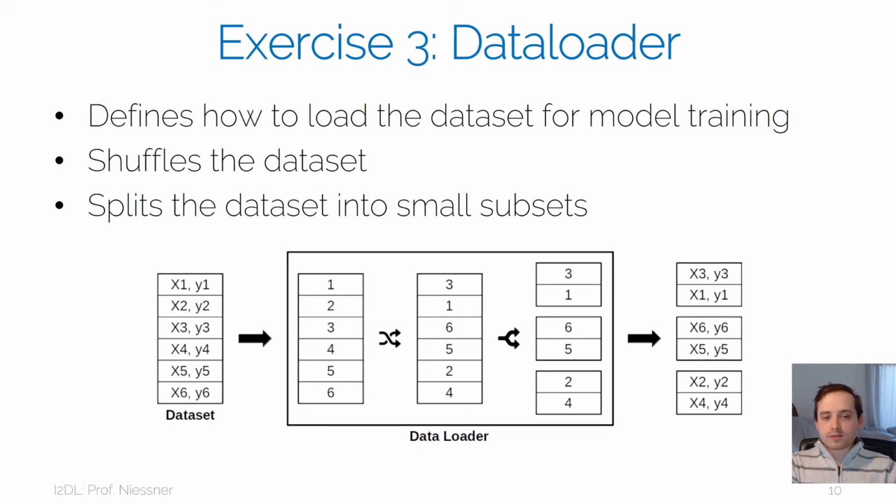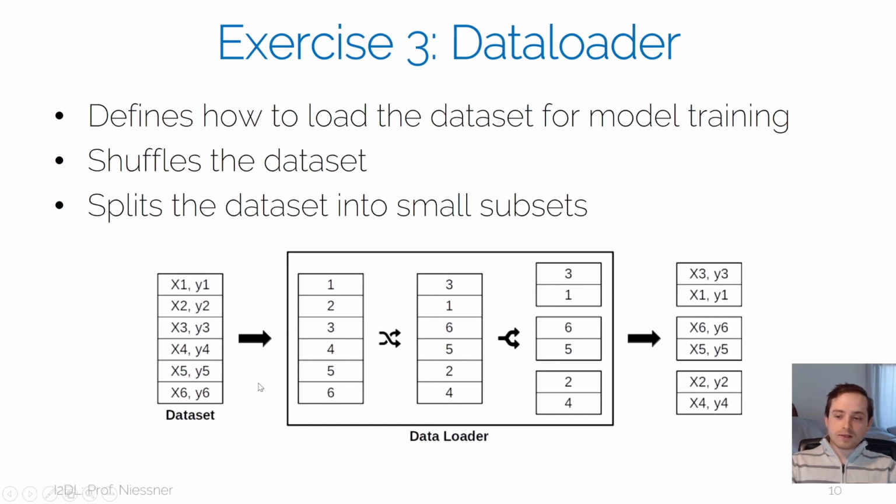You don't always traverse your data set in the order that it's stored in, because you want to add stochasticity. And sometimes you cannot look at all the data set at once because it's very big and doesn't fit into memory. So the Dataloader class will take the data set, shuffle it or read it in a shuffled manner, and break it down into smaller pieces, which we call mini batches, and load them into the model.